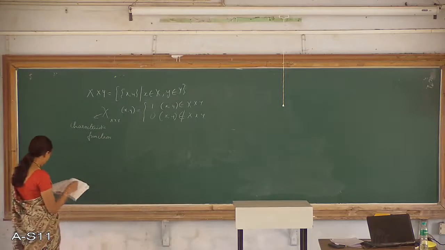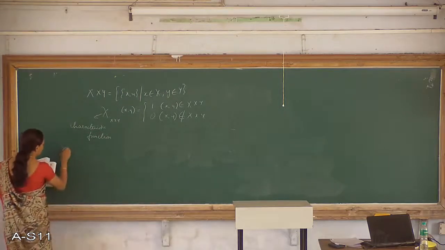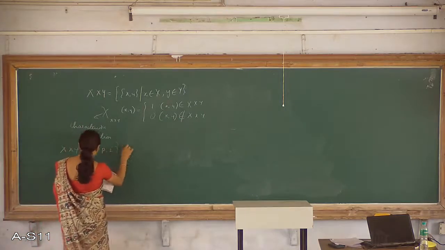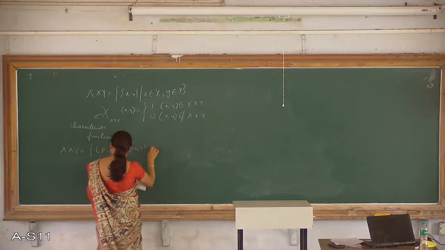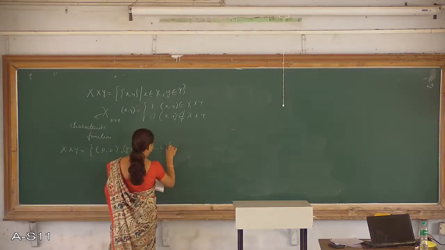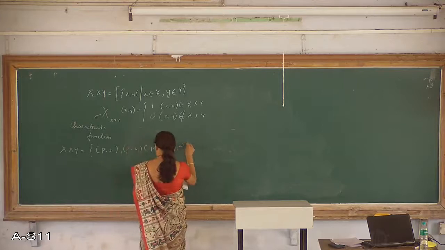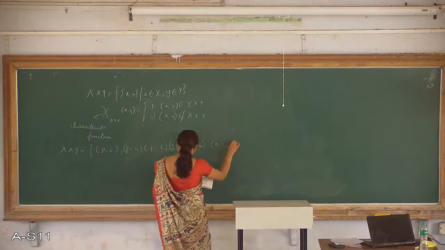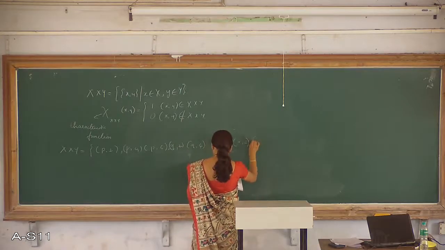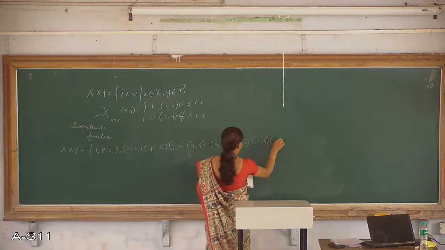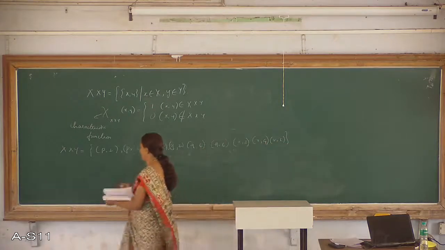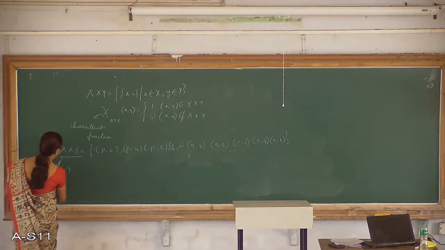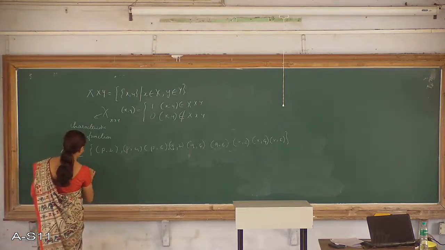Okay. So now we will take one example, x cross y, which is equal to (p, 2), (p, 4), (p, 6), (q, 2), (q, 4), (q, 6), (r, 2), (r, 4), (r, 6). Here x is equal to {p, q, r} and y is equal to {2, 4, 6}.